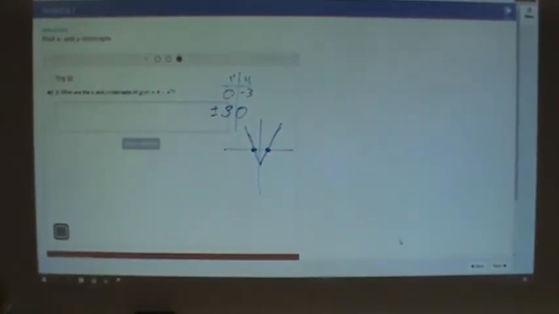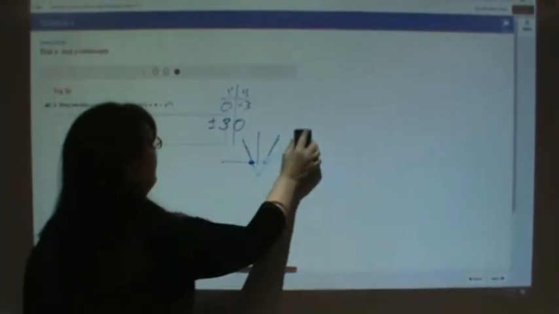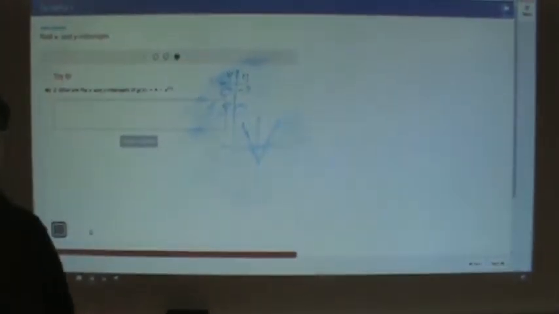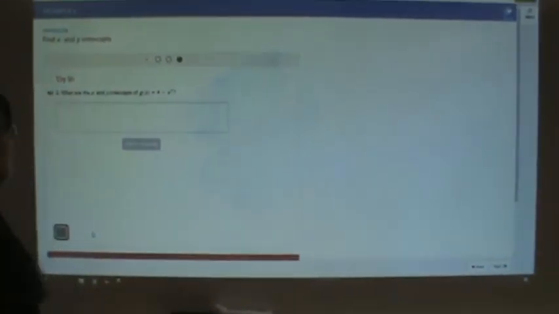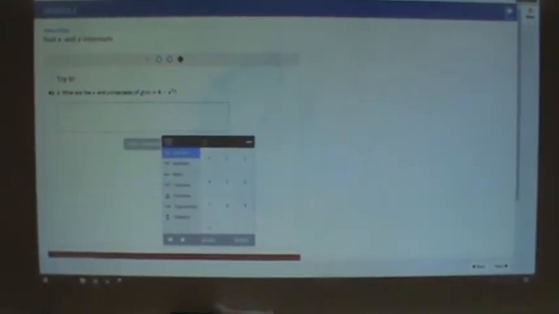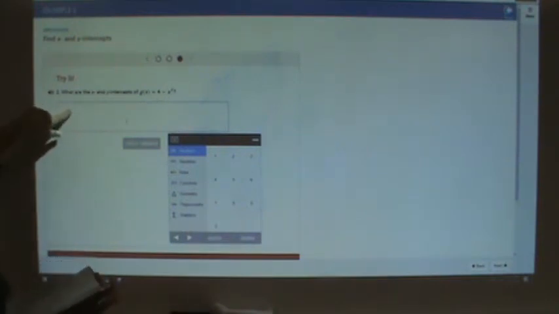All right, it says, what are the x and y intercepts of this? If you have a graphing calculator, I would like you to put that into your graphing calculator and read it. My assistant here is going to put on, go ahead and actually, I can go ahead and tell you that this is going to be the x, okay, this is going to be plus or minus 2, so you're going to put -2, +2.